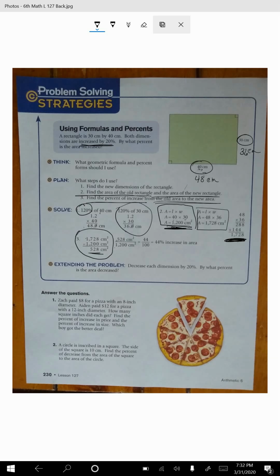I am going, let's see, I paid $8 for a pizza. $12 for 12. How many square inches did each get? Ooh, these are hard. These are really hard. How about I skip this?